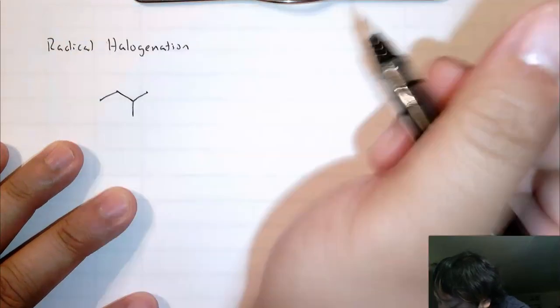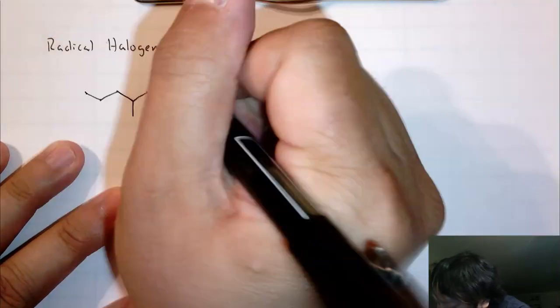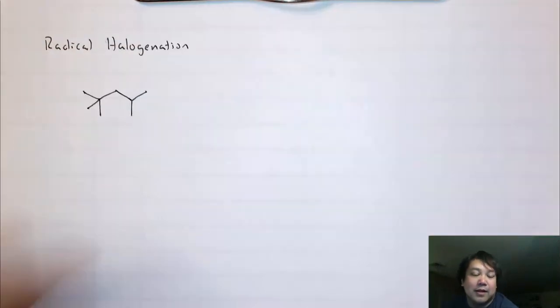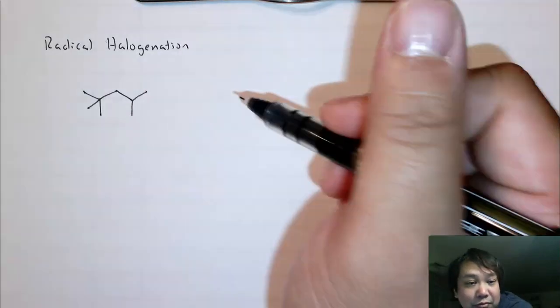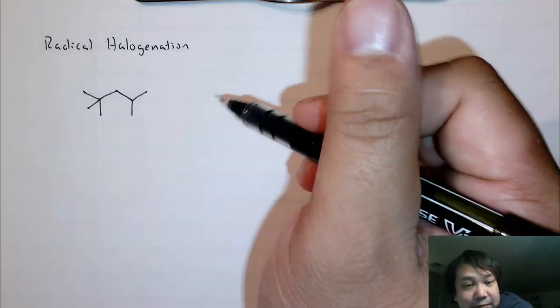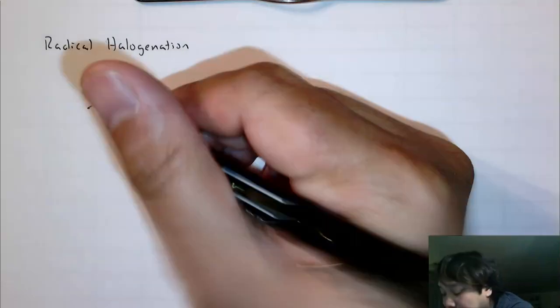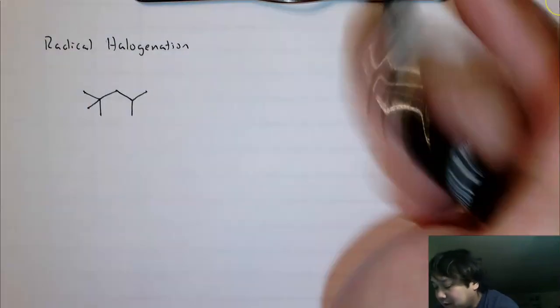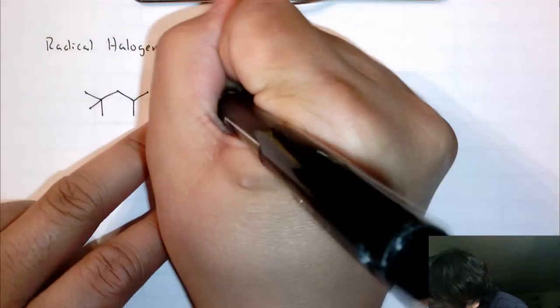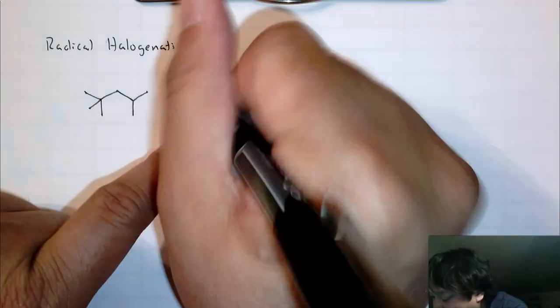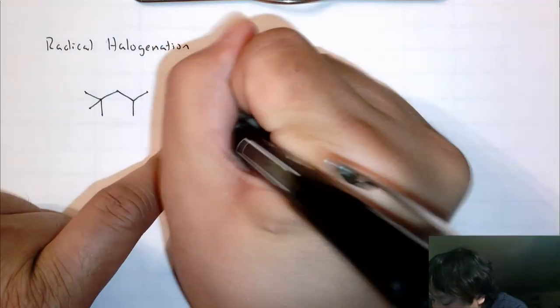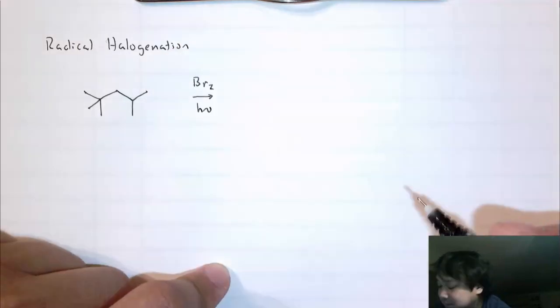Okay, it's a branched alkane, and I purposely did this because there are several types of carbons: primary, secondary, tertiary, and even we have a quaternary carbon. Okay. The reagents for radical halogenation is going to be Br2, almost always bromine, and I'll go over why in just a bit, and light or heat.